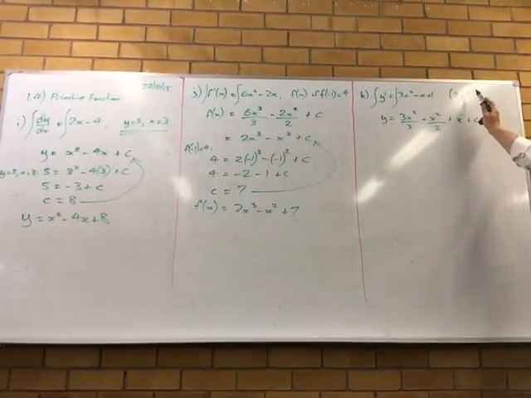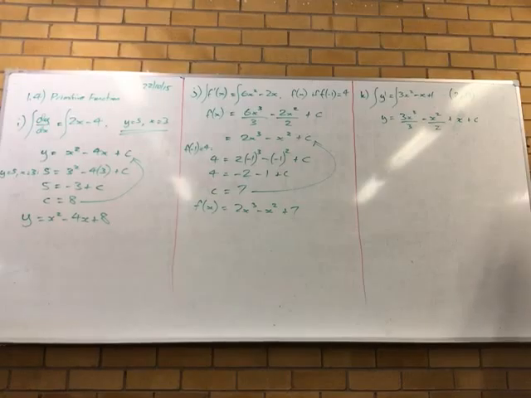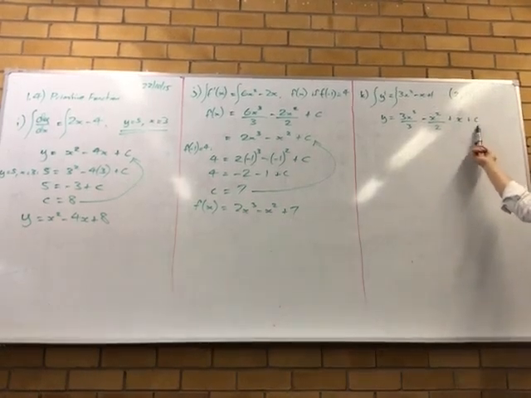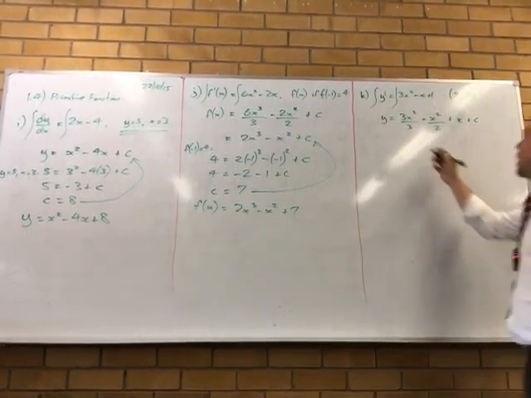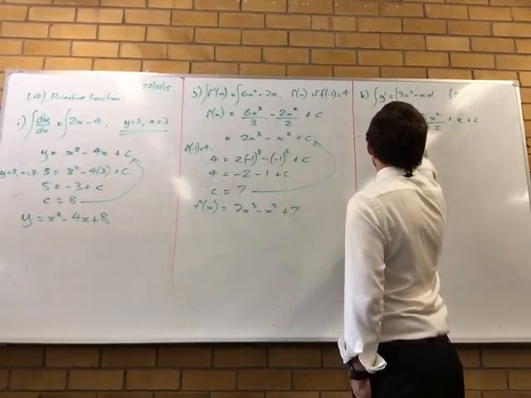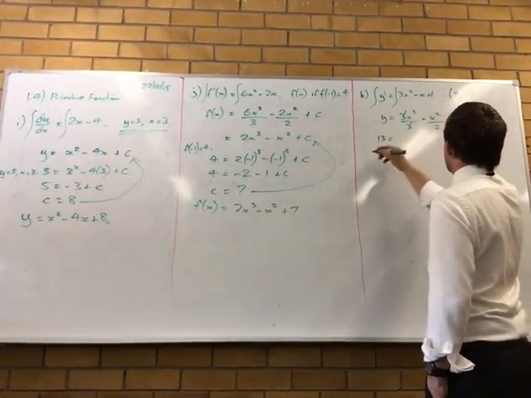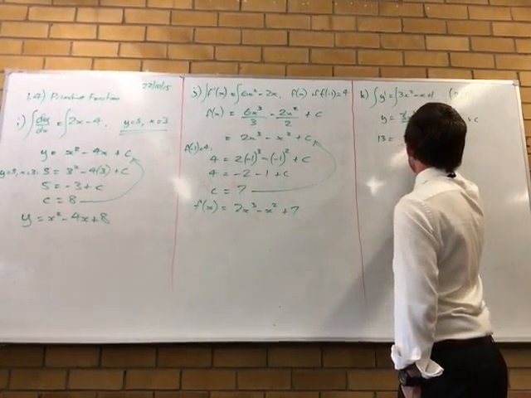Okay, so we know a point where the curve goes through. If I substitute x equals 2, y equals 13, I can obtain a value for c, and then I'll be able to write down the equation of the curve. So 13 is equal to 2 cubed, take away 2 squared on 2, plus 2 plus c.